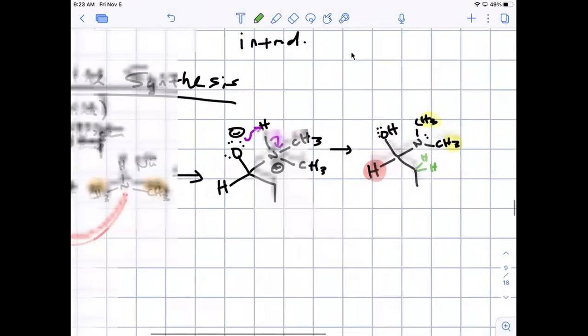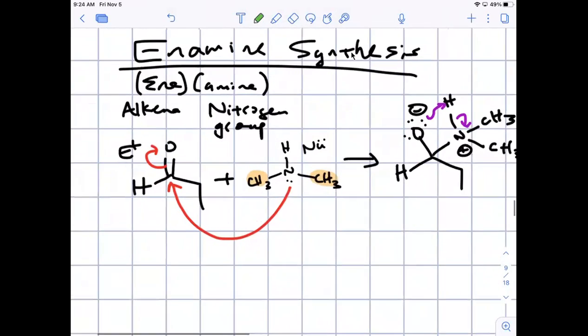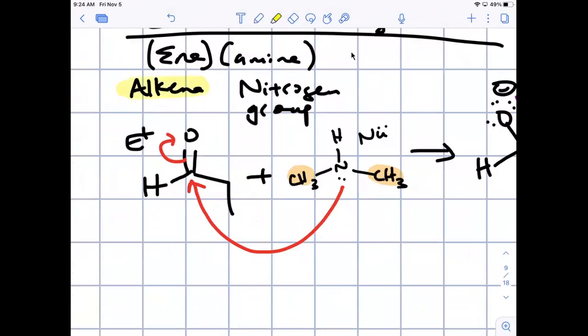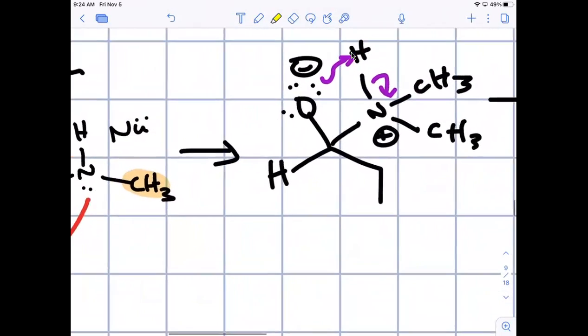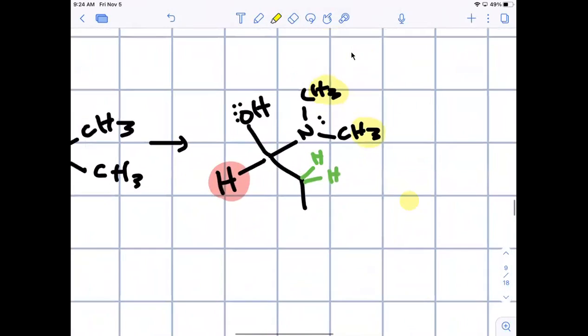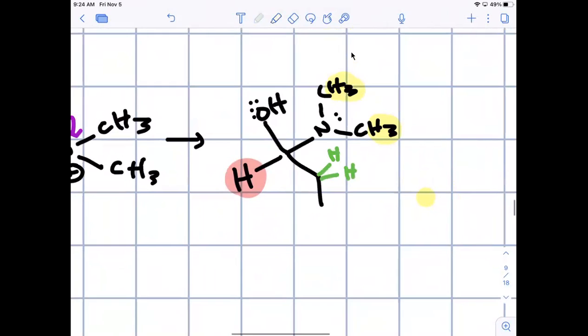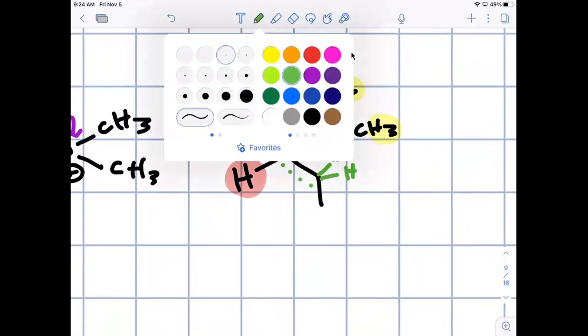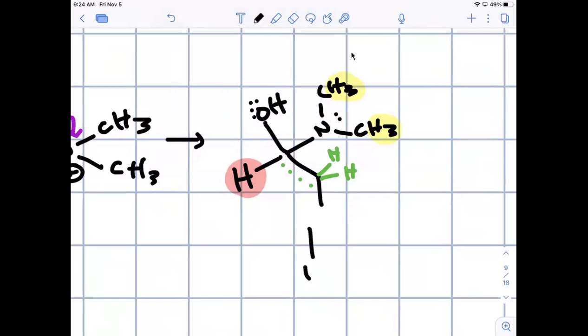Remember I said the "ene" part of the name meant that there'll be an alkene present. So those alpha protons are going to allow me to put a double bond here and lose water at the same time. All right, so let's see how we can do that. So first, let's do the proton transfer. And I'll write that over here.